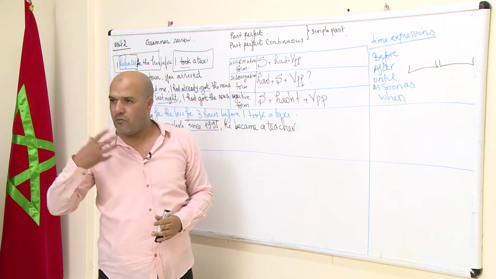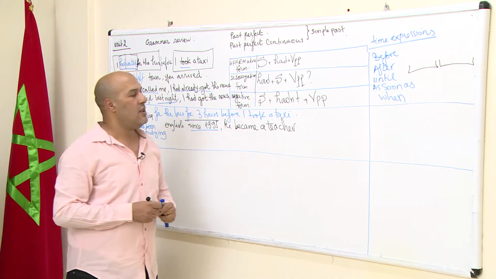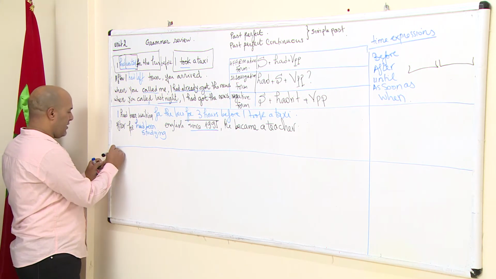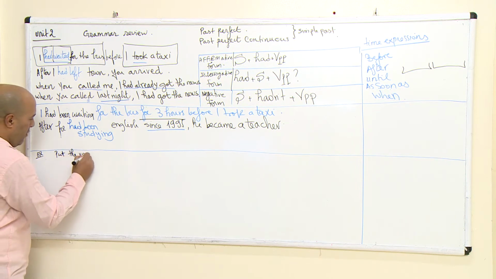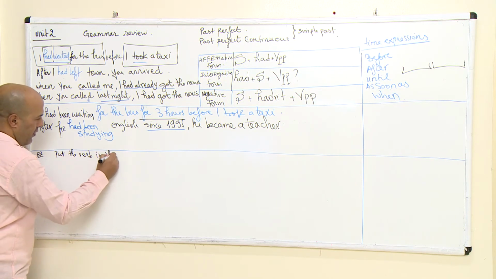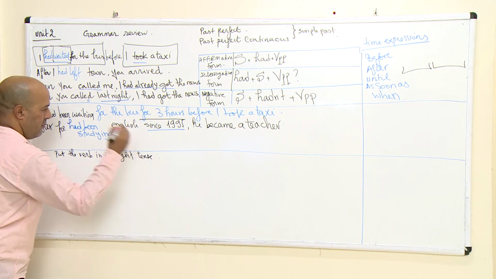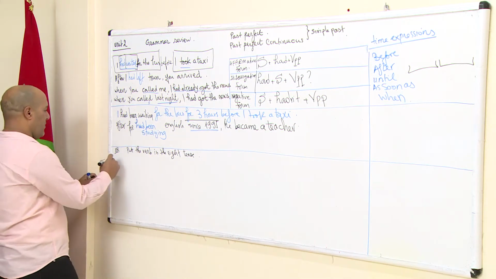And I know that you are more concerned with your exercises or your exams. I will give you an exercise like this. Put the verb in the right tense. So I will give you a few sentences. I will make you put them in the right tense.